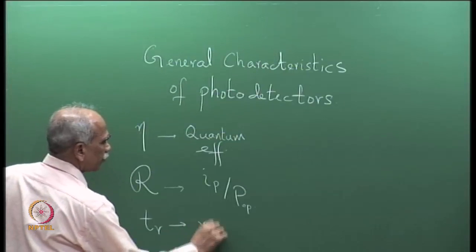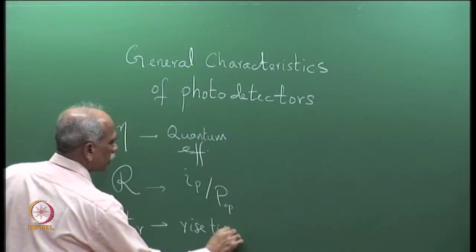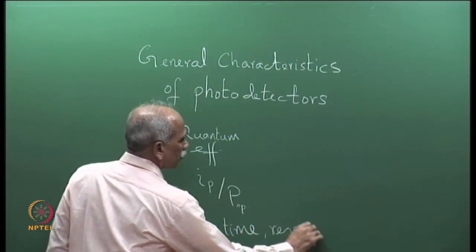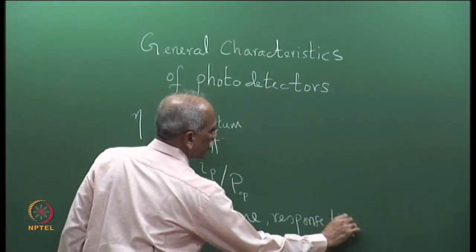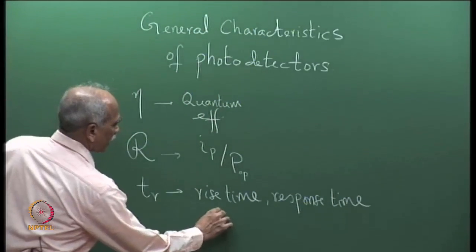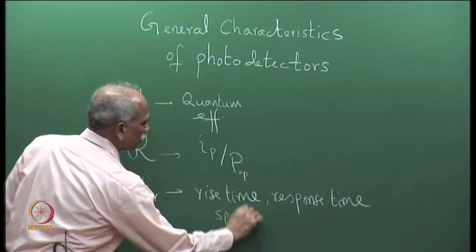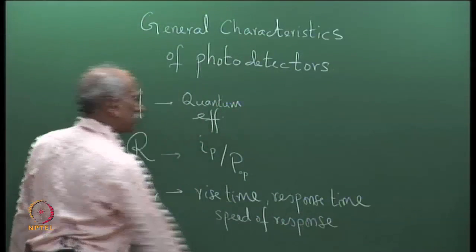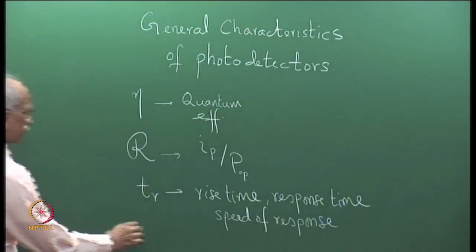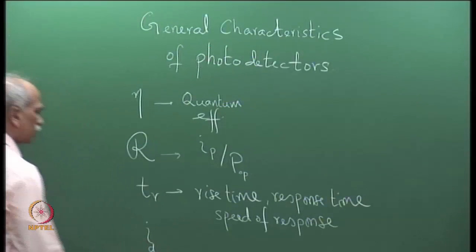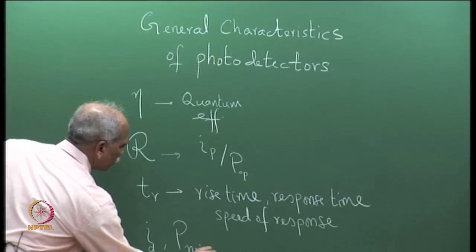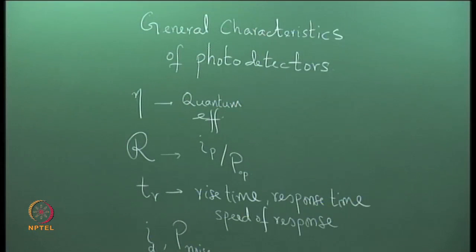So, rise time, or equivalently response time, or equivalently one can have a discussion on the speed of response, and finally the dark current ID, or equivalently the noise power. So, these are the 4 general characteristics that we had listed in the last class.